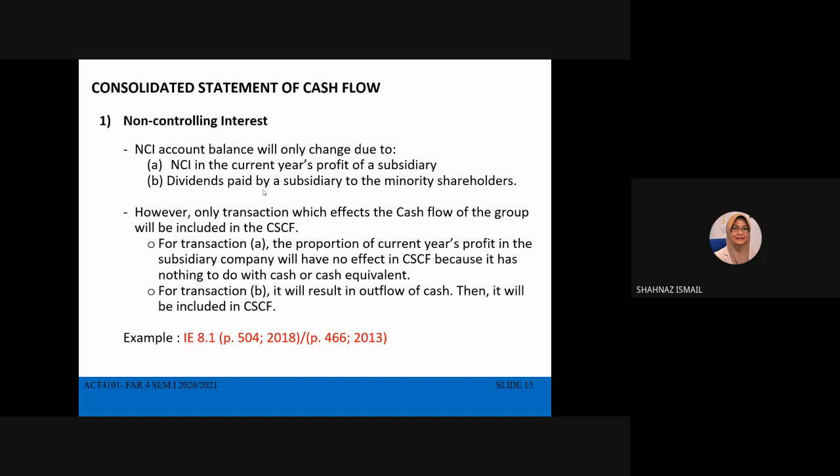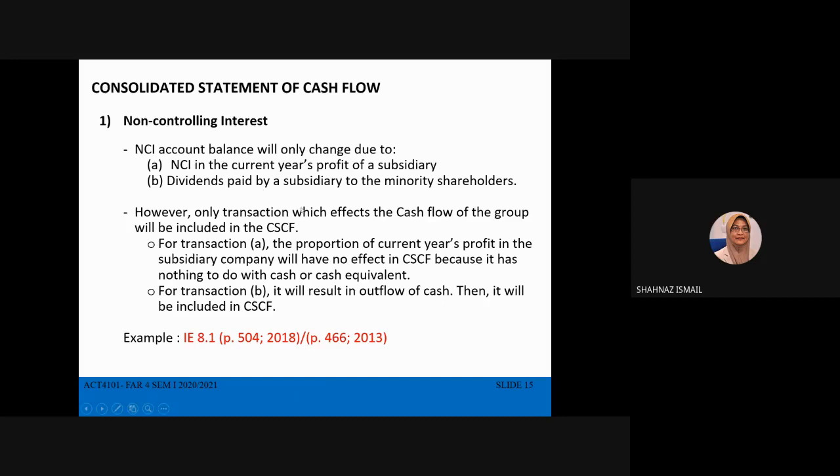Okay, untuk transaction A, the proportion of current year's profit in the subsidiary company will have no effect in the consolidated cash flow because it has nothing to do with cash or cash equivalent. So the first item tu agihan profit kepada NCI yang bukannya melibatkan cash flow, maka dia tak ada efek ke atas consolidated cash flow. And for item B, the dividend paid, it will result in outflow of cash. Then it will be included in the consolidated cash flow.